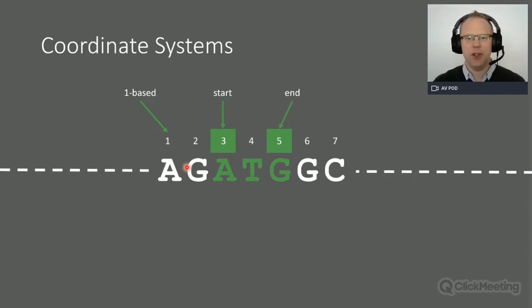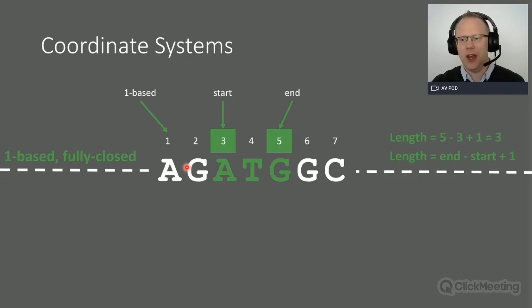And these 2 positions are inclusive of the start and end of the position. And this has a consequence when we're calculating the length, because the length is equal to the end minus the start, and in this case, we have to add 1 because 5 minus 3 is 2, and we need to plus 1 to get the length of this start codon of 3.